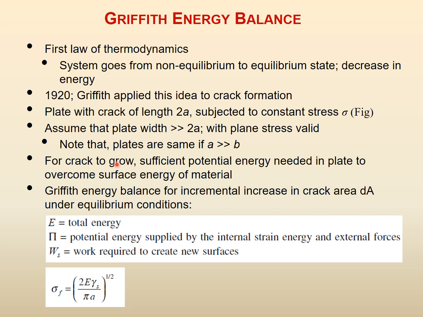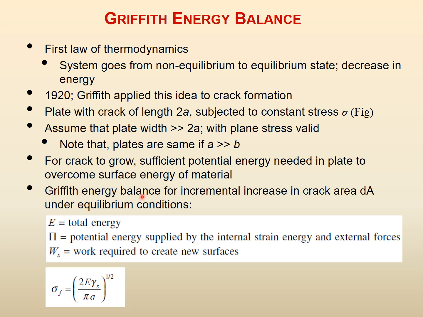For the crack to grow, sufficient potential energy is needed in the plate to overcome the surface energy of the material. Surface energy means you have to do at least this much work to create the fracture surface. So you need potential energy at least equal to, or more than, the surface energy.